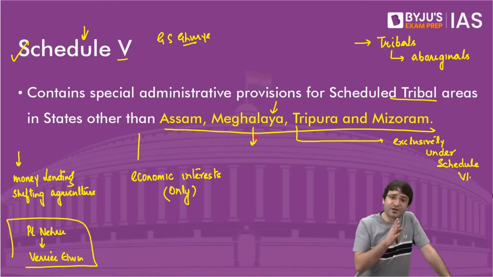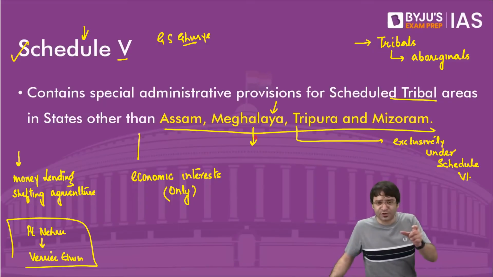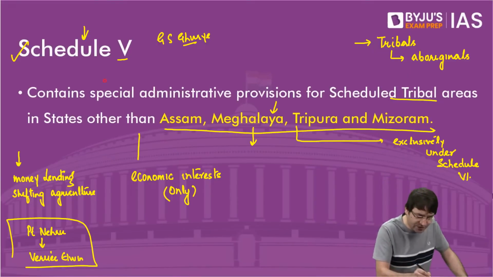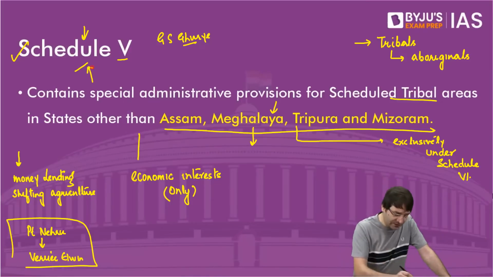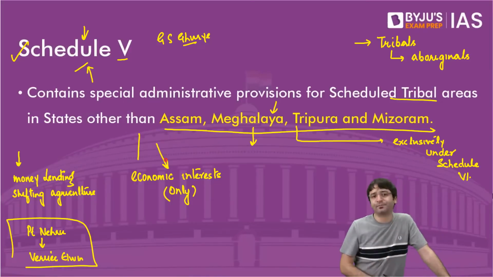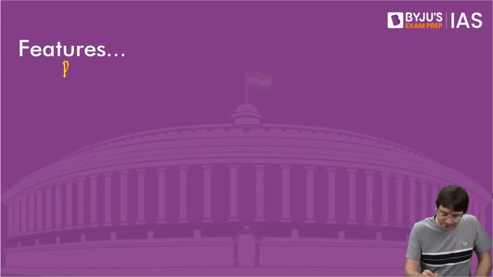But so far as tribals in the rest of the country are concerned, and we have 11 states in India where we have these tribals, the Constitution says give them protection under Schedule 5 of the Constitution, but protect only their economic interests. How? The President has the power.